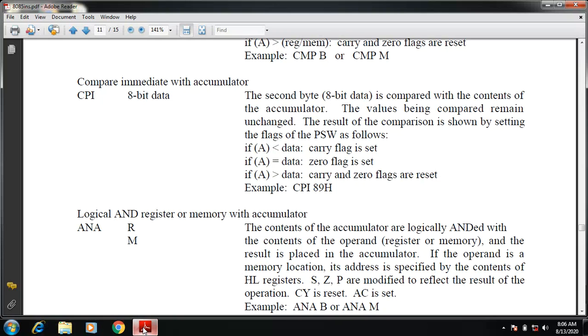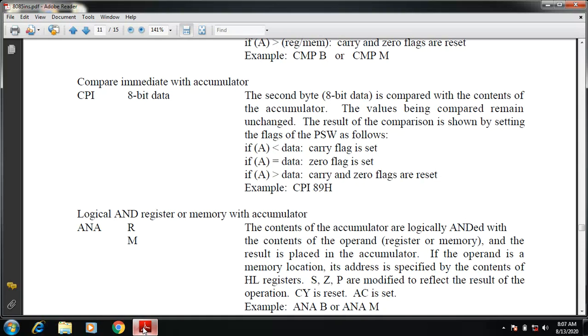Here also the comparison is done by subtracting the data from the accumulator, but both contents are not changed. But the flags are affected. So how are the flags affected? There are three conditions.